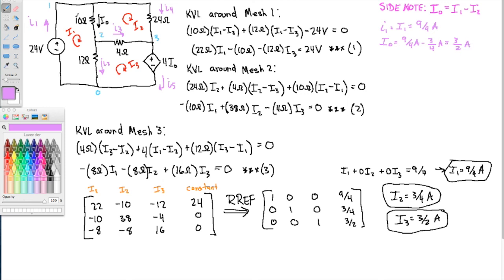So this 9/4 amps comes in, 3/2 goes down through the 10 ohm resistor. How much goes this way? Well, I4, we could use KCL, but notice that I2 is the only thing contributing to branch current I4. And they're in the same direction. So I4, branch current, is equal to mesh current I2, which is 3/4 amps.